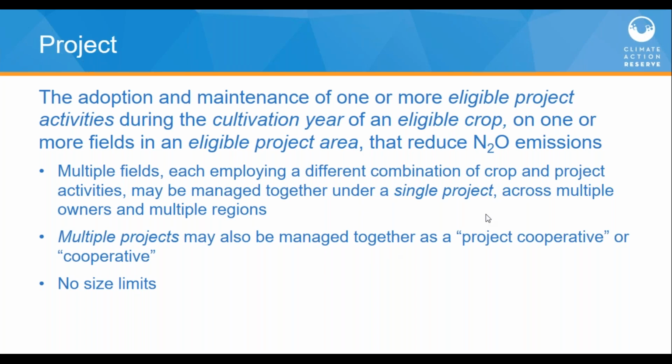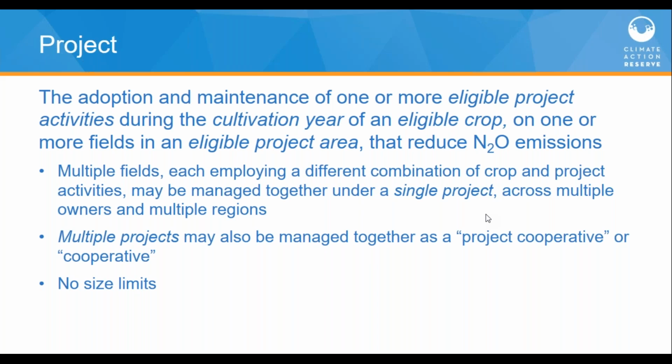What's good with projects is that multiple fields may be managed together under a single project, and these fields could be employing a variety of different practices and crops, and could be across different regions and have different owners and field managers.